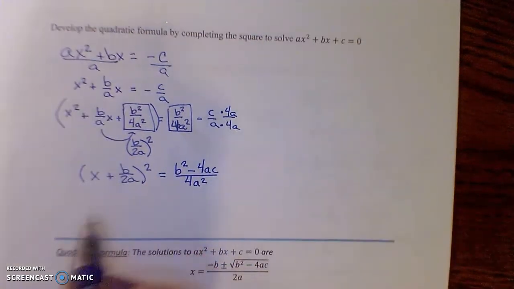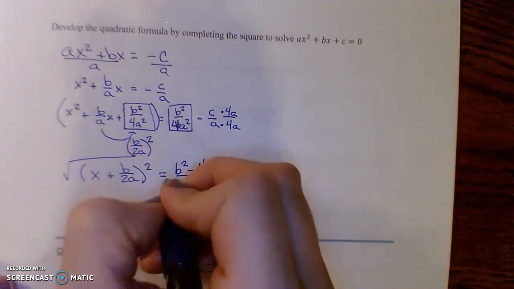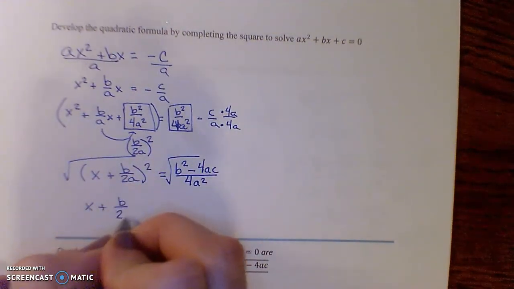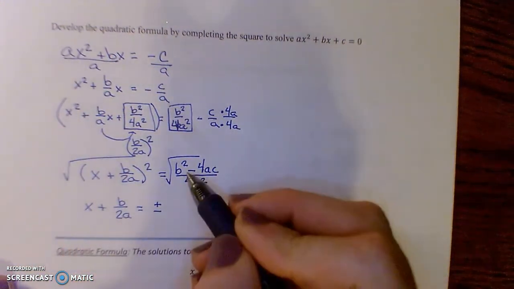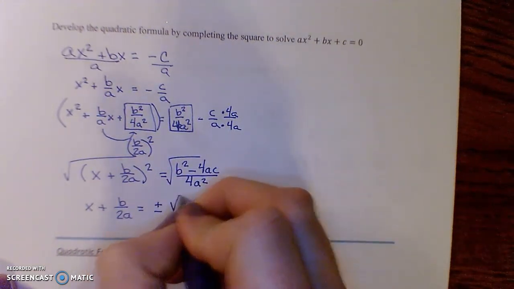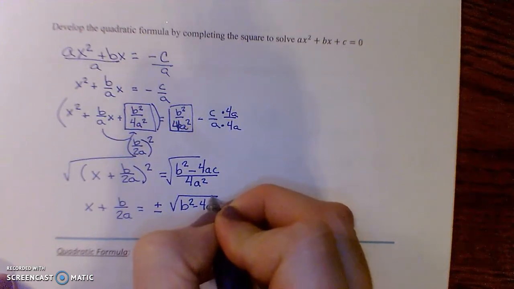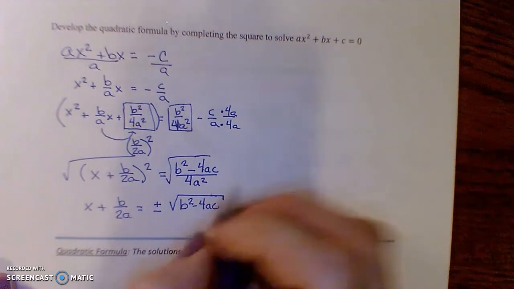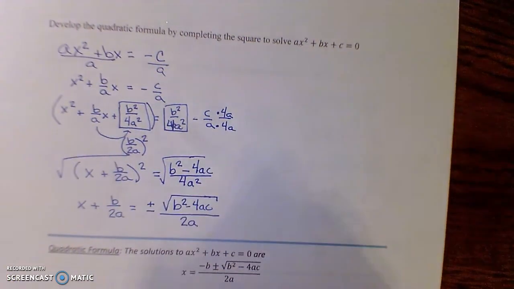So now this should start looking familiar. If I square root both sides, I get x plus b over 2a is equal to plus or minus the square root of this thing. So the numerator will be the square root of b squared minus 4ac. And the denominator, the square root of 4a squared, well, that's just 2a.